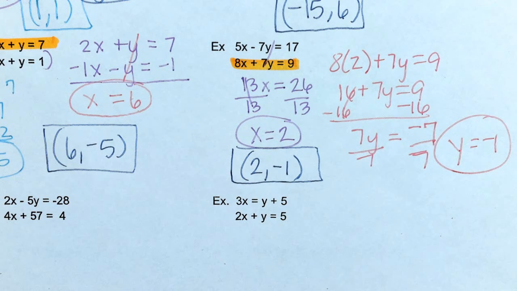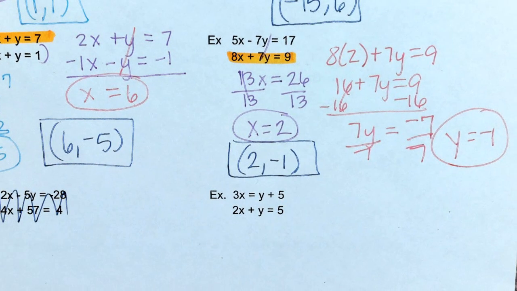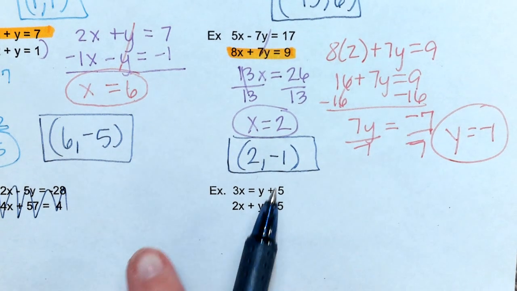All right, did we all get the y value was negative 1? All right, we're going to skip this one. It's not even written correctly. And we're going to go to this one right here.